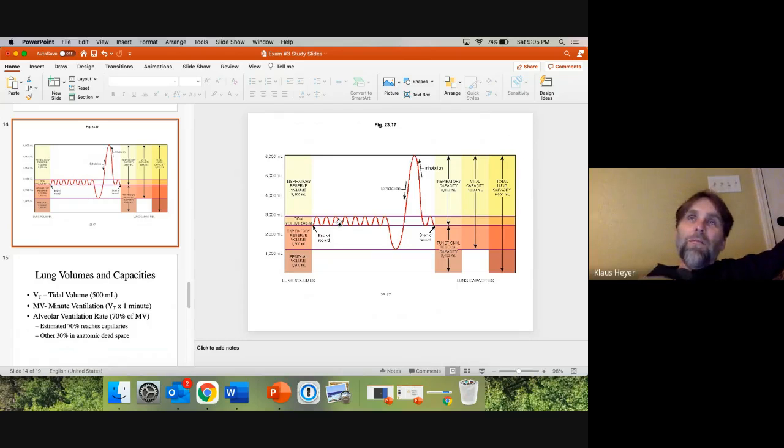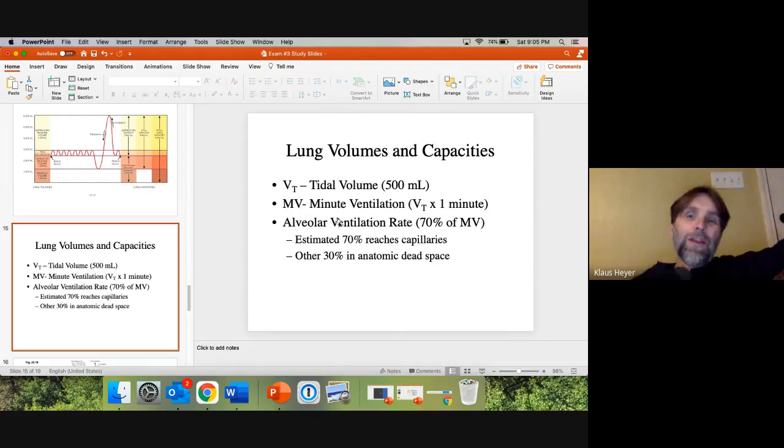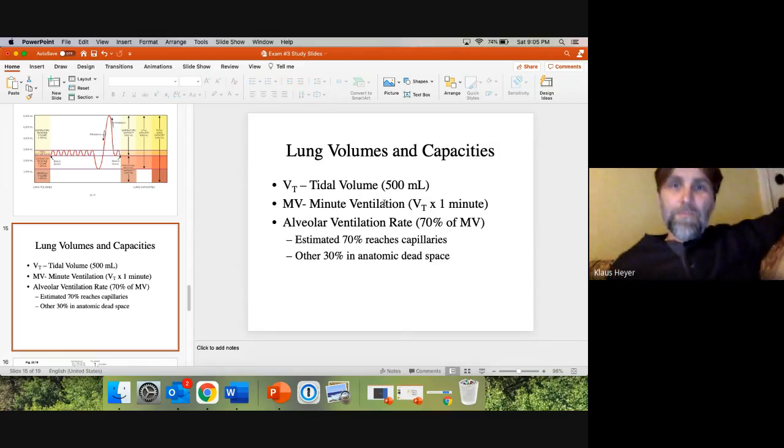And so when we look at that, we don't want to look at just one breath, right? You tend to take that over a minute, and so that's why I have this minute ventilation. So take tidal volume times breaths per minute. We breathe about, it varies, 12 to 20 breaths per minute.